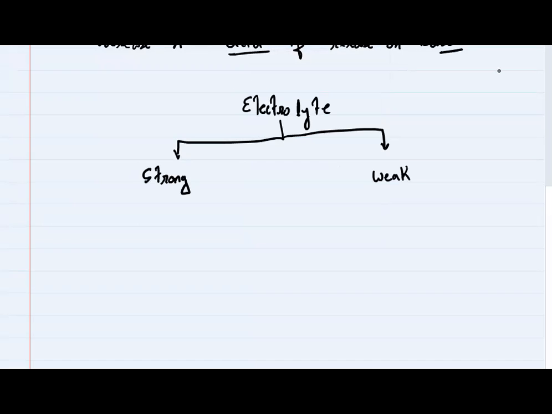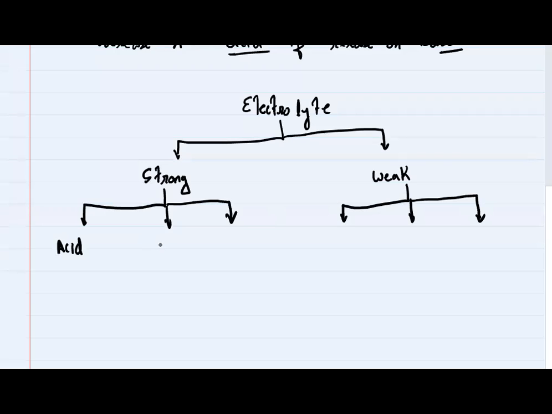In strong we have three different types of electrolytes, and in weak also three: acid, base, and salt, and this also acid, base, and salt. So I have to study these kinds of electrolytes.